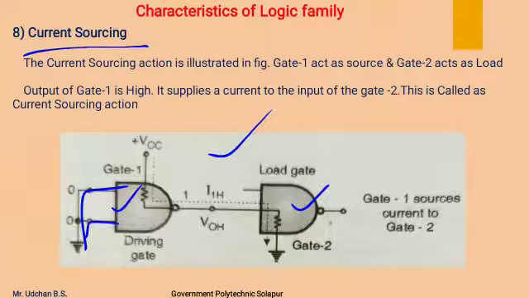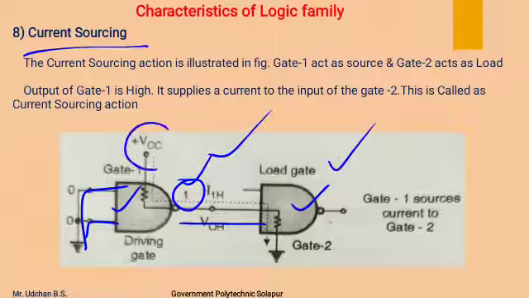As we know, when both the inputs of a NAND gate are 0, or at least any one input of a NAND gate is 0, its output becomes 1. Now the output of this first NAND gate is connected as an input to the second input terminal of this load gate. As the output of gate 1 is at logic 1 level, it means that it is at the voltage level of VCC. It is represented over here.